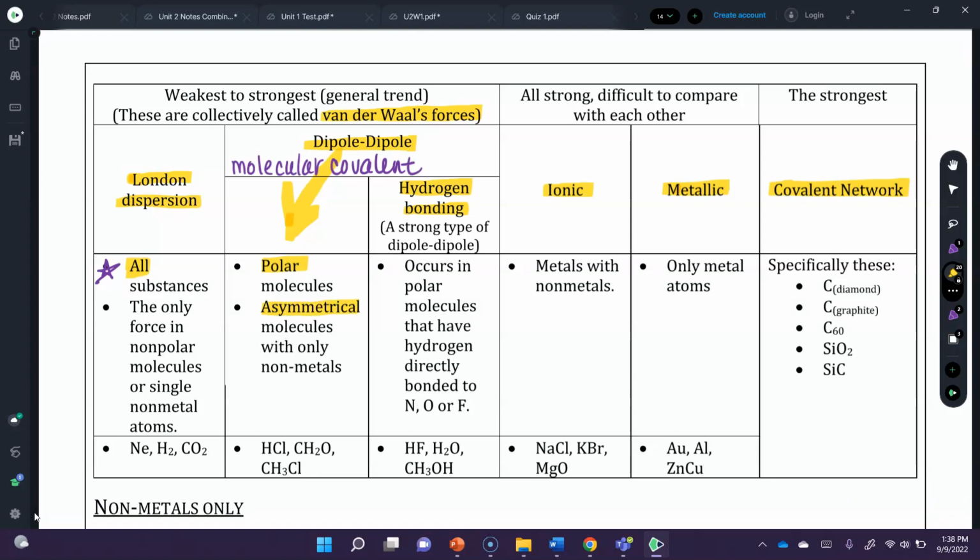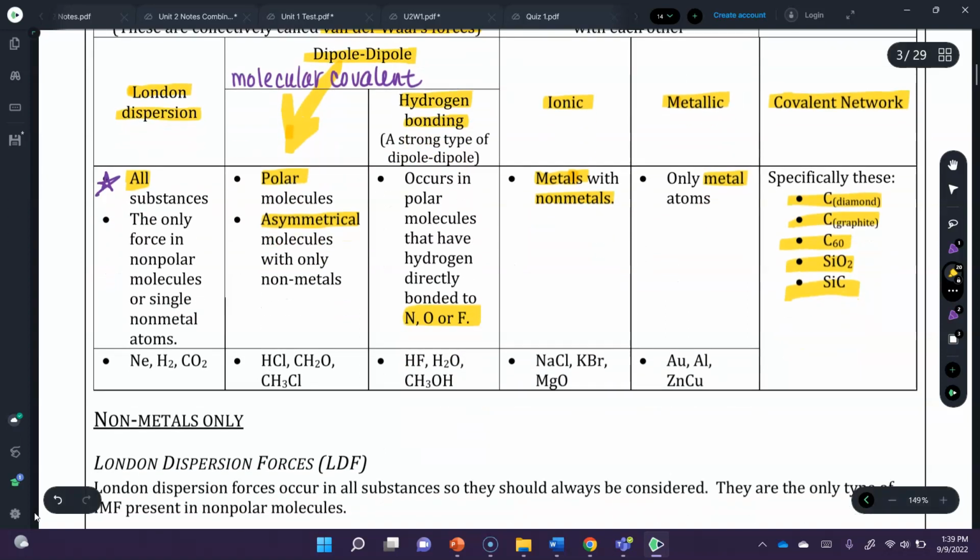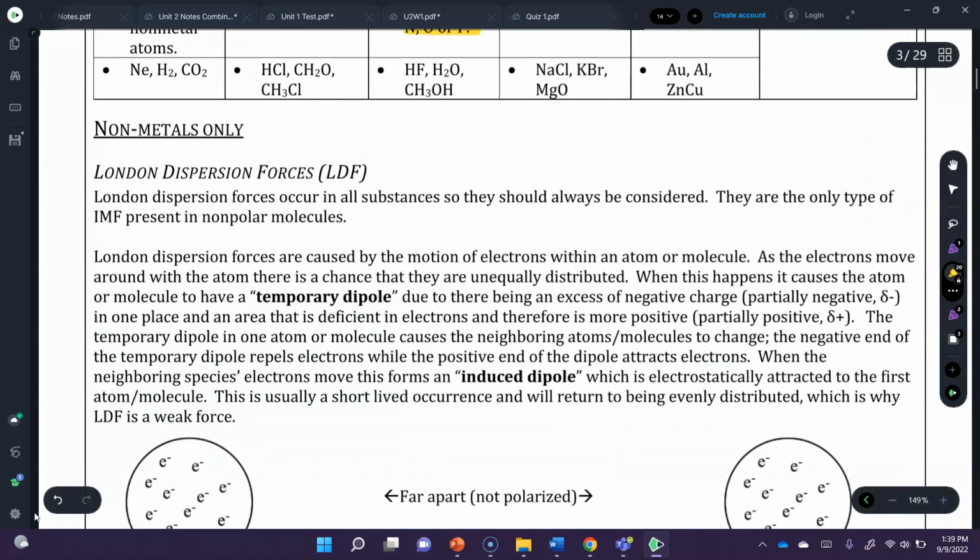For dipoles, if it's hydrogen bonding, it has to have a hydrogen bonded to nitrogen, oxygen, or fluorine. Ionic, that is an ionic bond, is metals with nonmetals. Metallic is metal only, and then covalent network is very specific to these substances. There might be some more, but those are the specific ones.